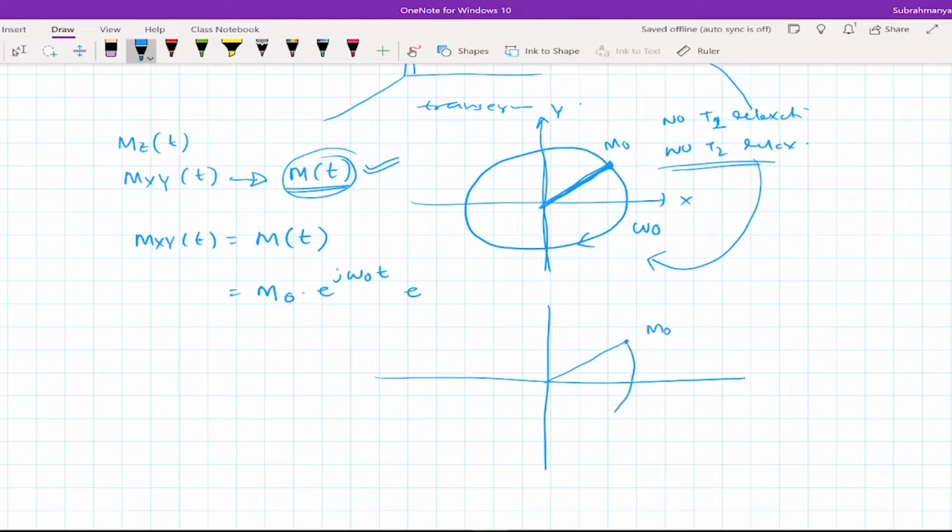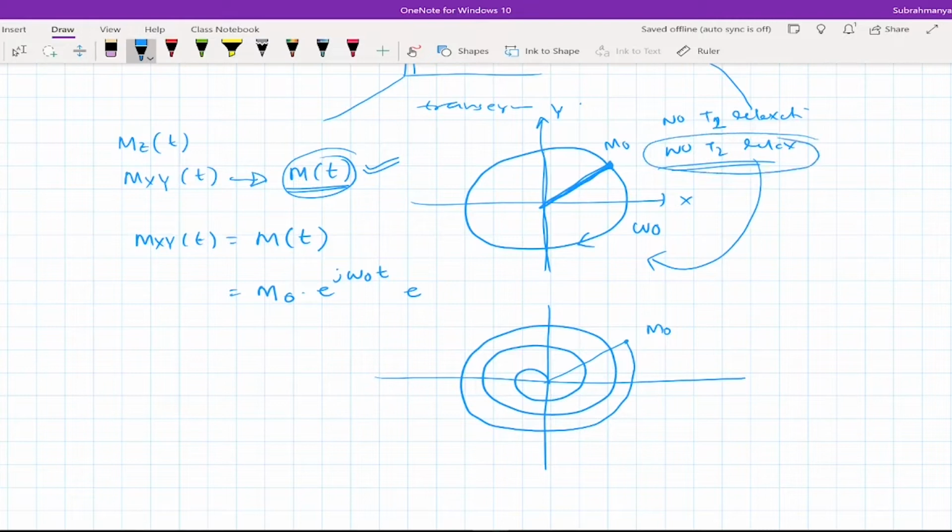Now it would still rotate with the same frequency, but its magnitude would be falling down exponentially with the time constant of T2. So how can you write that? e power minus t by T2. That's all. Let me write it as simply M of t.